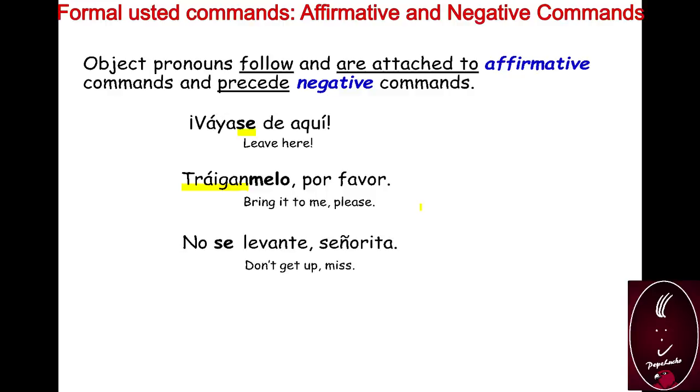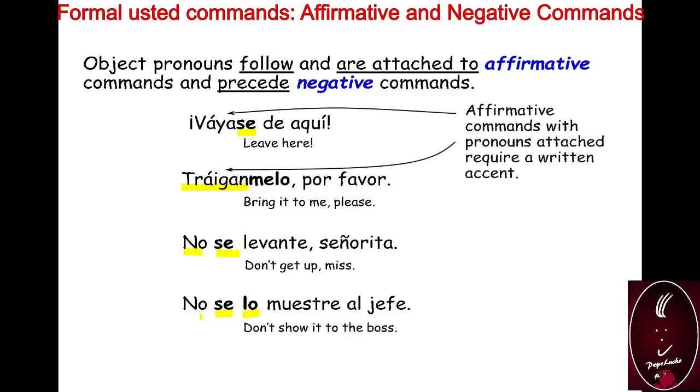No se levante, señorita. This is a negative formal command. This reflexive pronoun is placed before the command. No se lo muestre al jefe. Those two pronouns are placed before the command because this command is a negative command.